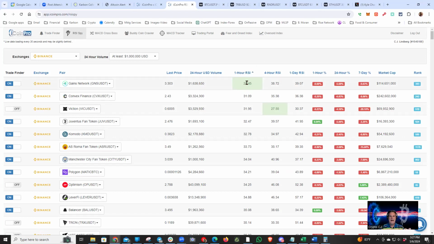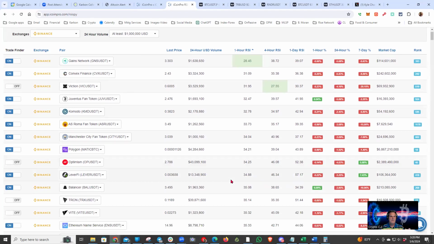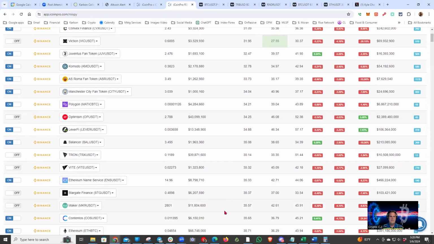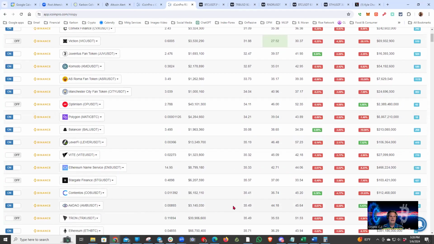And on the 1-hour, if it's below 30, that's something I'm going to look at in a little more detail. And sometimes I'll fudge on a bullish day and go down to about 35. I was looking at something earlier from this at 35. Well, I was looking at Maker. It just went slightly above it.